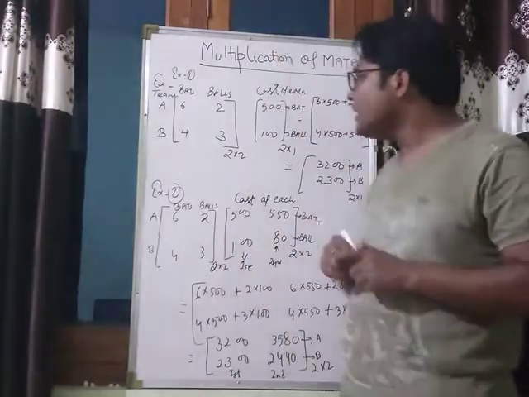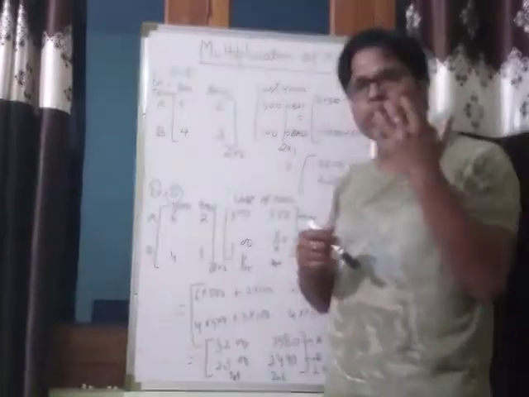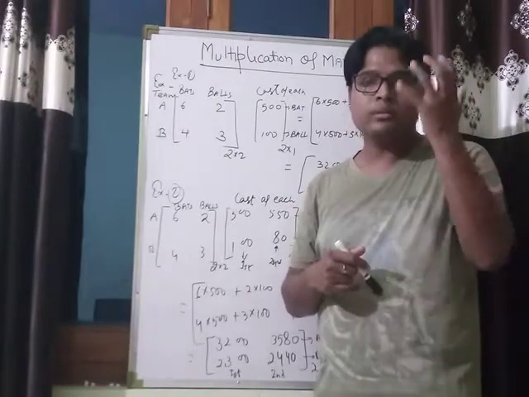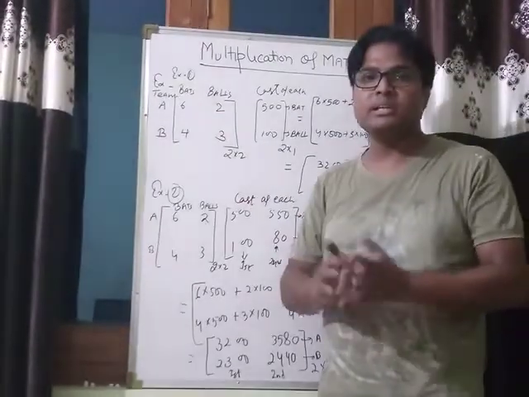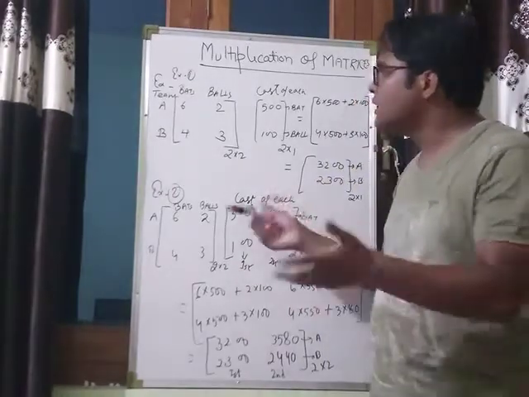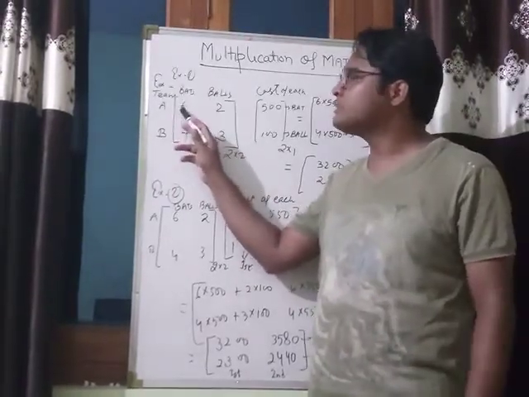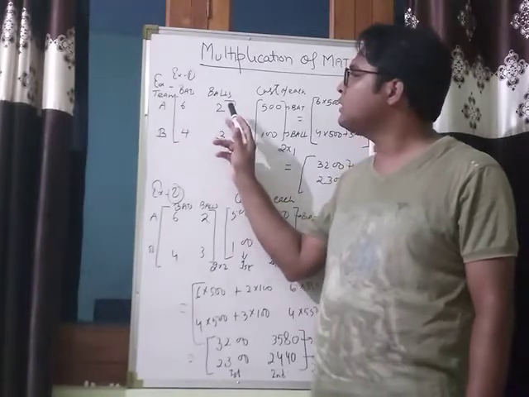What will be the money required for team A to complete their requirements? Clearly, team A wants 6 bats and 2 balls.